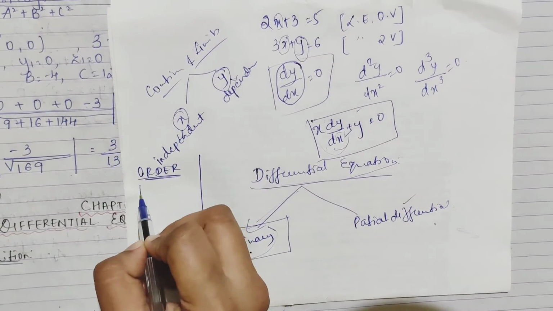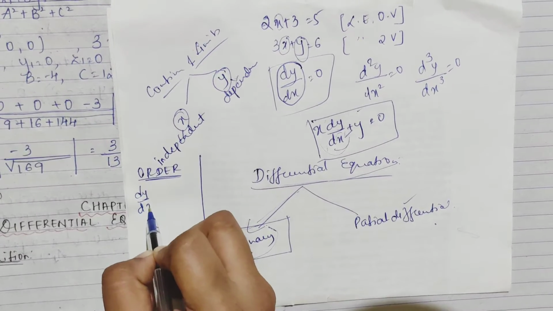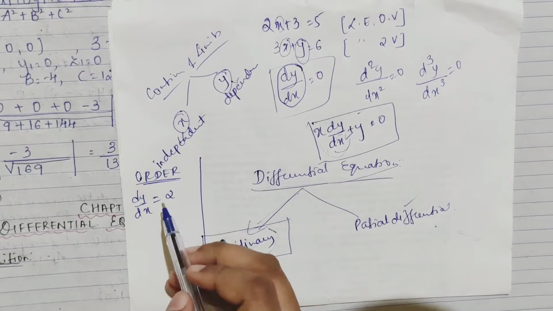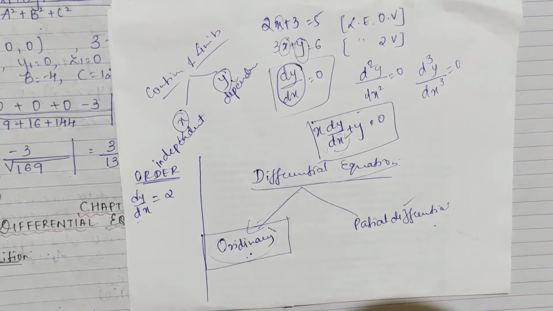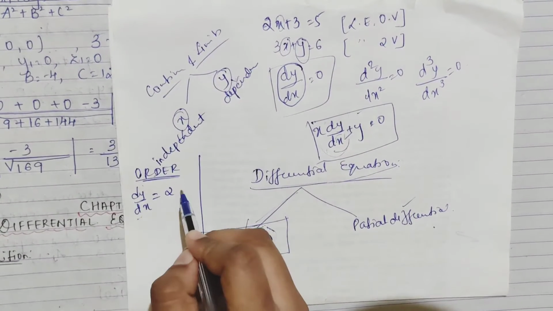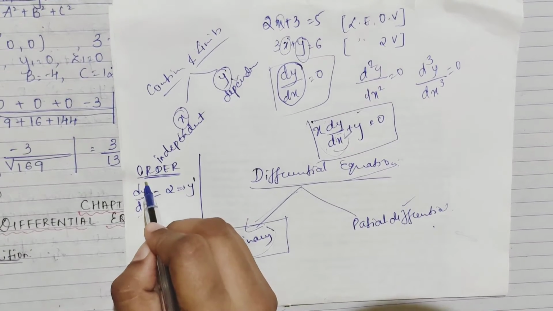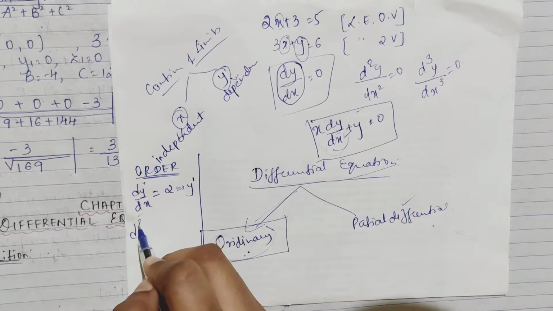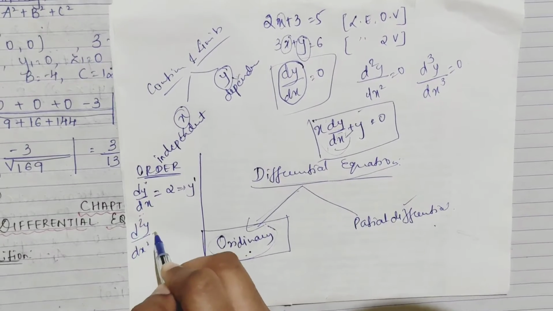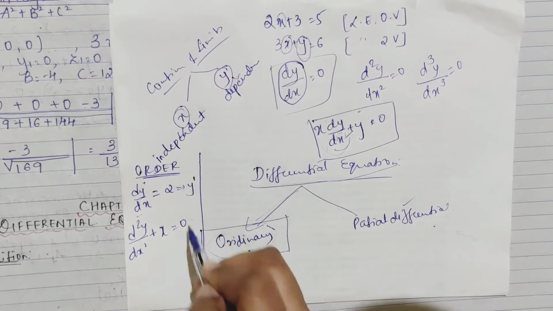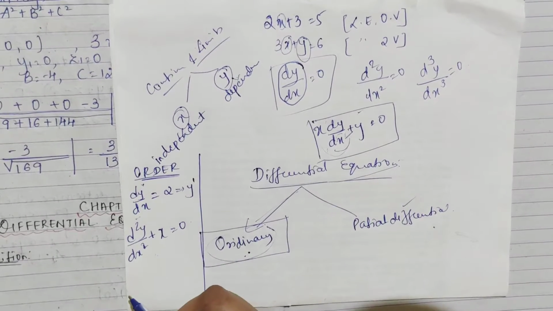Now see here, if you have dy by dx equal to 2, what is the order of this differential equation? It is 1, this is y dash, right? Just 1 it is. Now if you have d2y by dx square plus x equal to 0, what is the order of this?